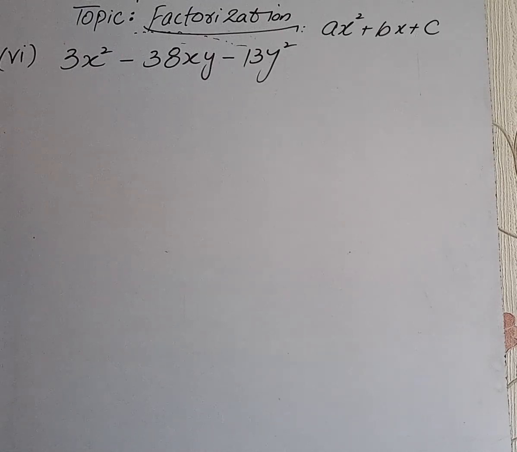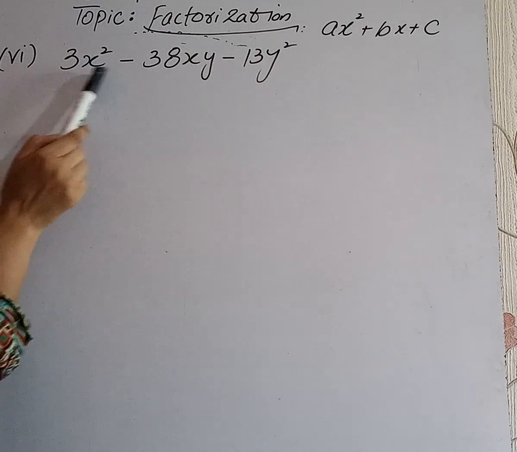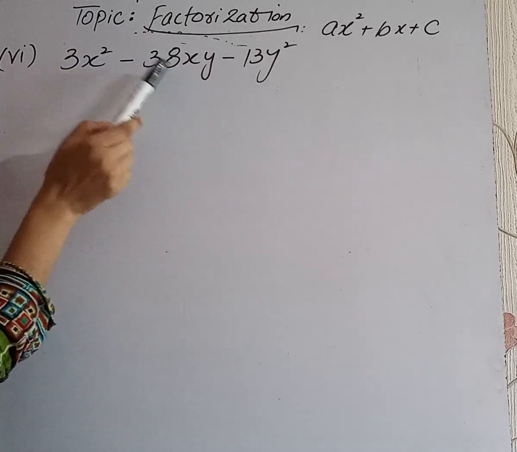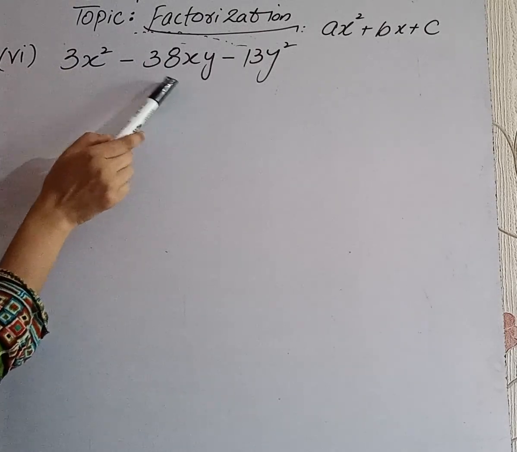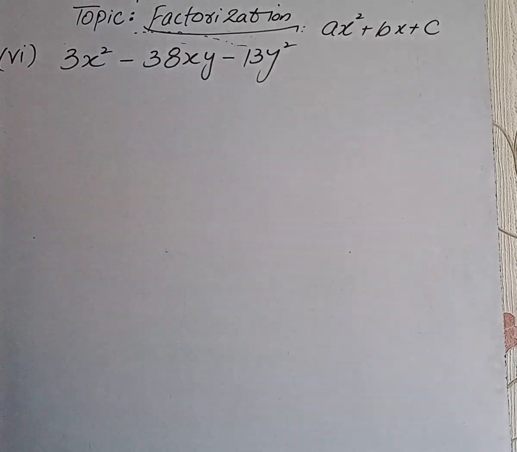You just have to keep in mind that if in the first term there is the square of one variable, in the second term it should be linear, it shouldn't have any exponent, and in the third term this variable x should not be present. Whatever other variables are given over here, that is just satisfactory.